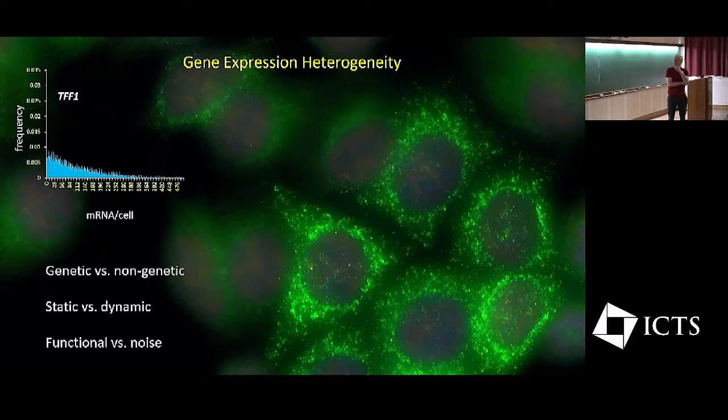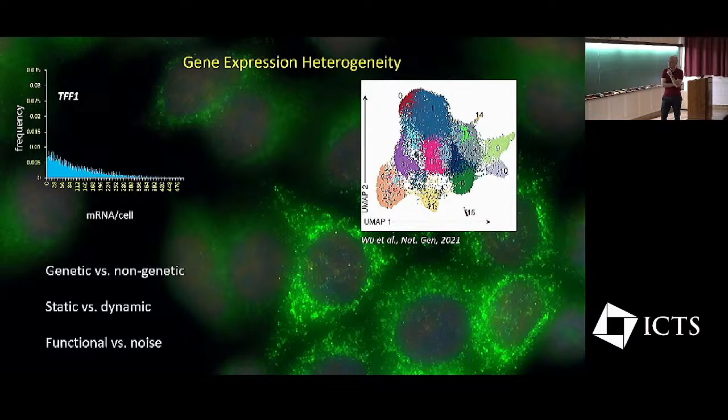I think the questions that we're trying to answer are still very much the same as they were before, which is how much of this heterogeneity is genetic, how much of it is non-genetic, is it static or dynamic, and is it functional? This field really started with imaging, but now it has evolved, shall we say, into single-cell RNA-seq. And so you can go to whole meetings now where all you see are these UMAP plots.